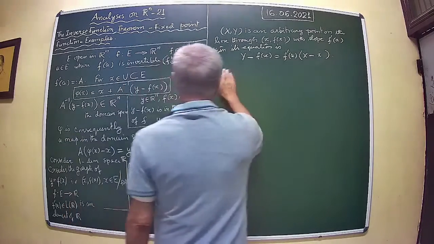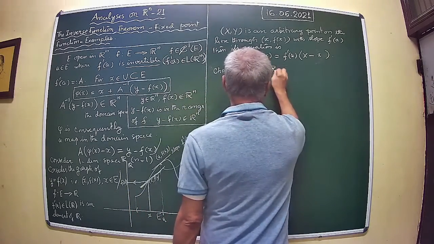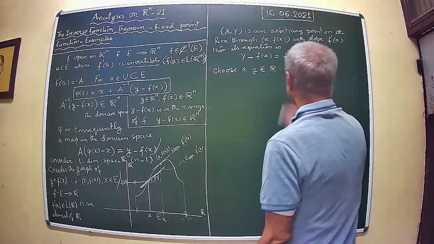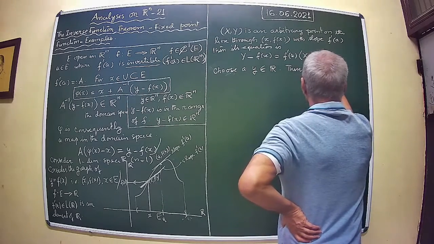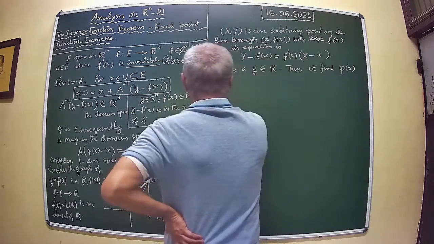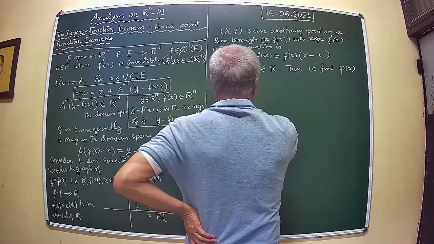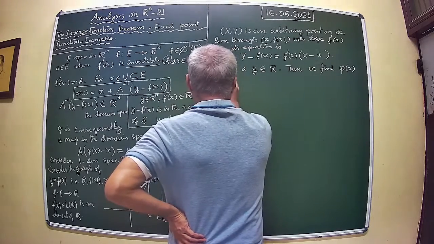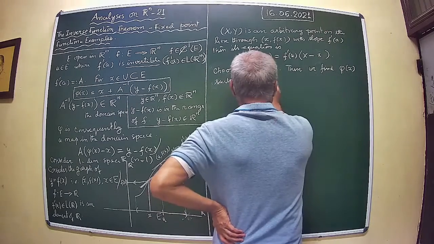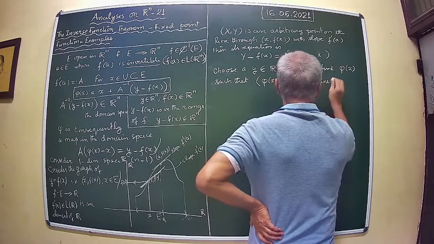Now you see, choose a y, then we find phi of x as the point such that the point phi x, y lies on this line.